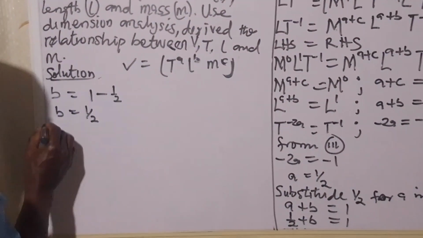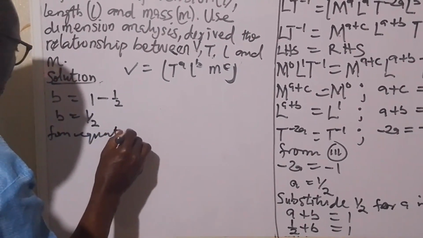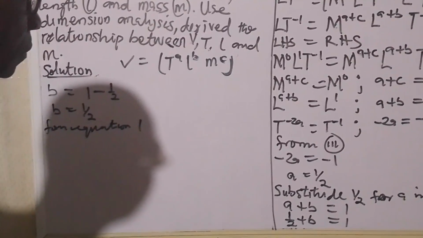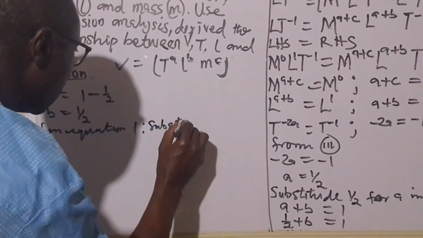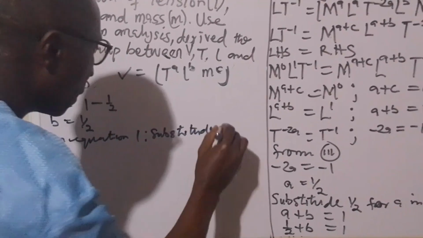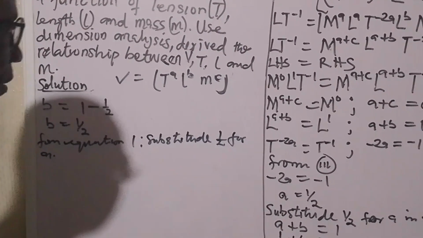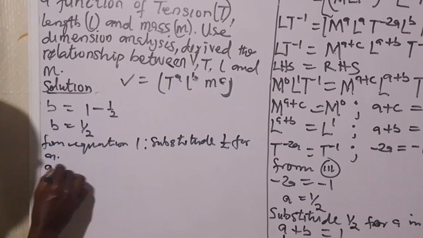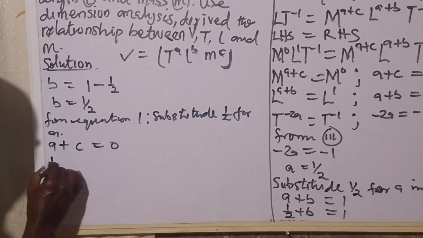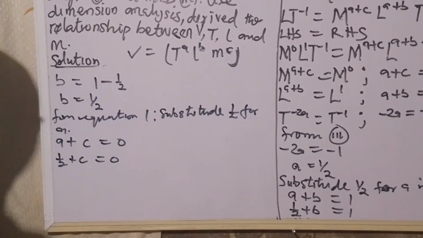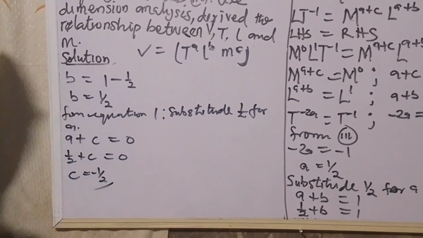We now say from equation 1, substitute half for A. And equation 1 is A plus C equal to 0. Therefore, half plus C will be equal to 0. So C now will be equal to minus half.